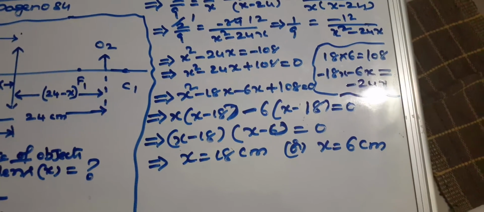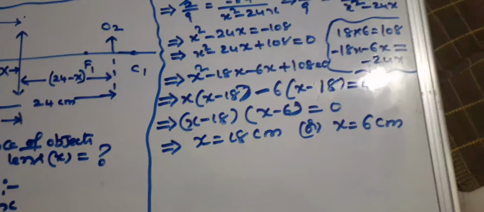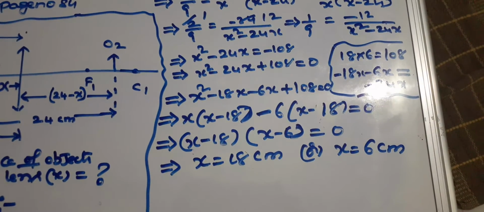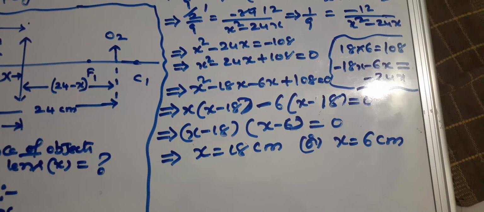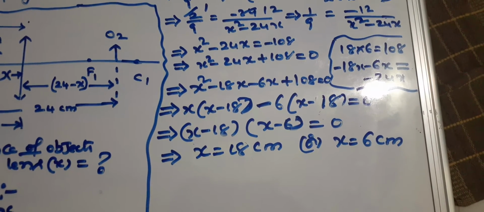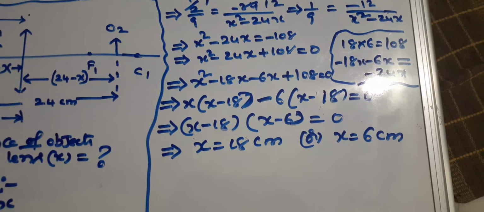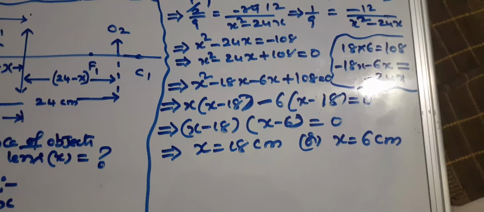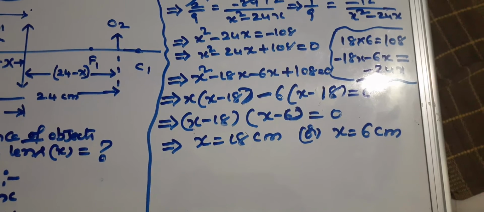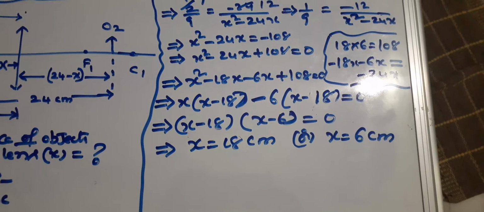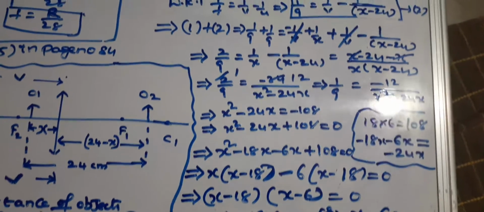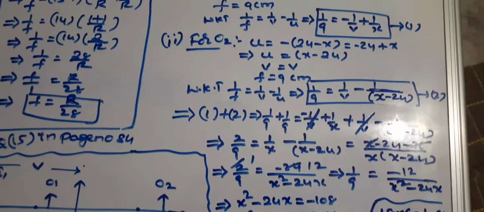So factors are taken, and finally we can get x is equals to 18 centimeter and x is equals to 6 centimeter. It means that keeping the objects on either side of the lens at 6 centimeters and 18 centimeters, we can get their images at the same point, students. So this is the solution for the 15th problem.